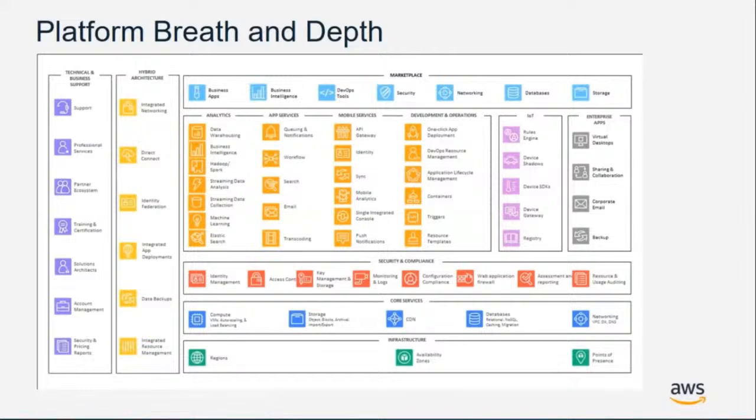AWS has over 150 services across multiple domains: analytics, app services, mobile development, security, and just pure infrastructure as a service as well, which could be your compute, storage, network, and databases. With the ability to choose individual services and run them, or combine multiple services to create an entire suite of applications, the choice completely resides with you.